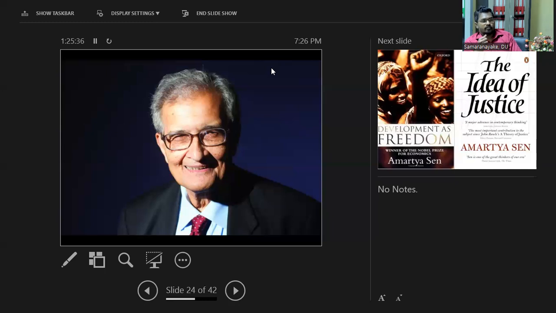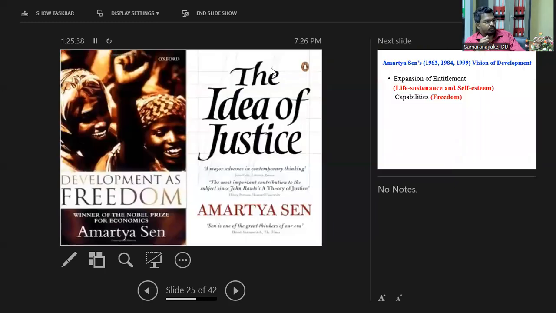And here we have 2 popular books. He has a lot more books as well. One is Development as Freedom, right? And also The Idea of Justice. He has a lot of research work, a lot of contribution, and he is an Oxford academic. His contribution is enormous when it comes to development while thinking of freedom, self-esteem, and all.